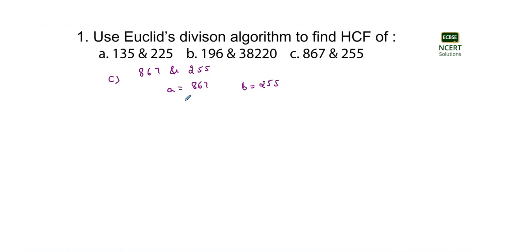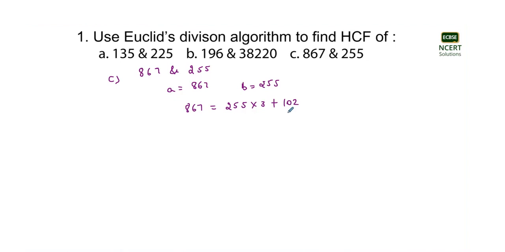Now applying the Euclid's division lemma over these numbers A and B, 867 will be equal to 255 into 3 plus 102. Which means that if we divide the number 867 by the number 255, 3 is obtained as a quotient and 102 is obtained as a remainder.